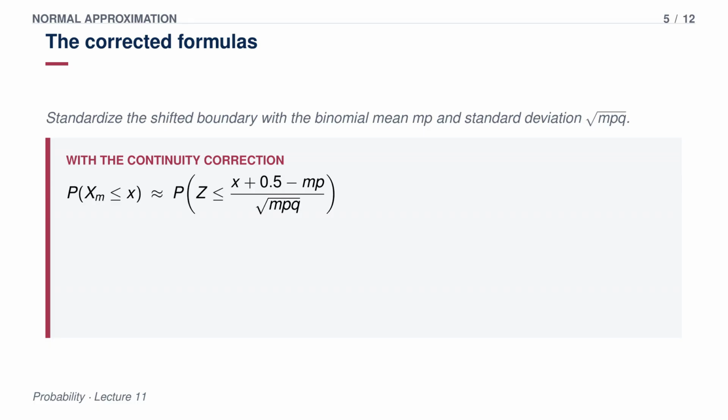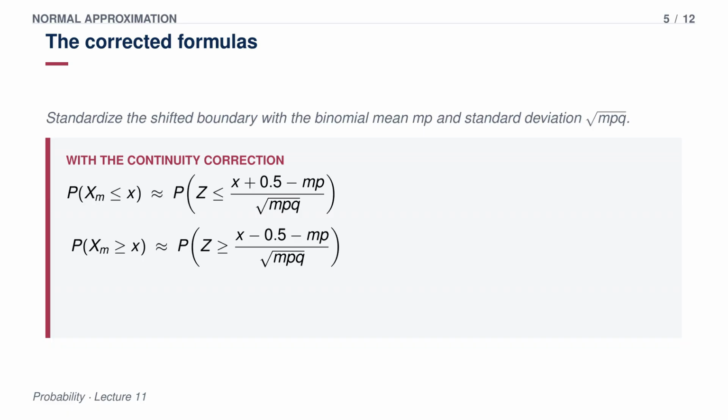First, at most x, a left area. You include the bar at x, so you push the boundary up to x plus 1/2, then standardize. P of the count at most x is about P of z at most (x plus 0.5 minus np) over root npq.